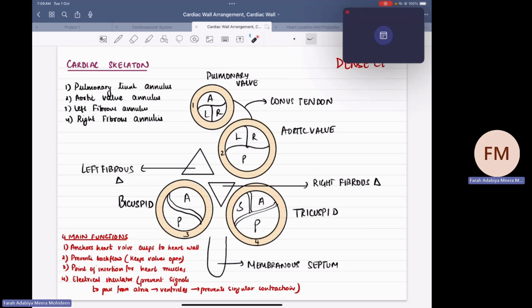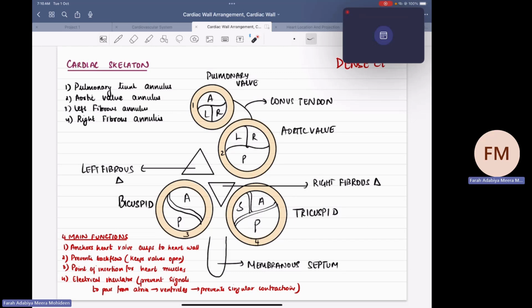When you learn the conduction system of the heart, you know that the SA node is where your electrical activity starts, from the atria, and then it goes to the ventricle. But you don't want a simultaneous contraction, where your signals just keep passing through your ventricle.